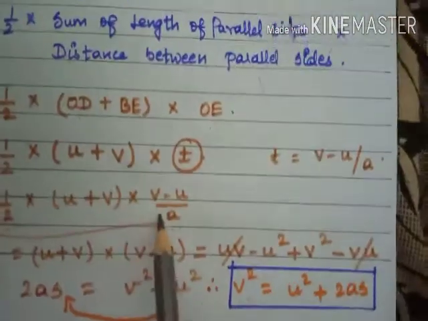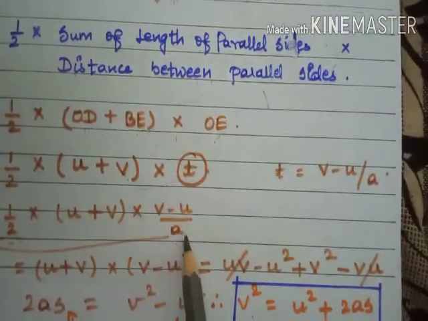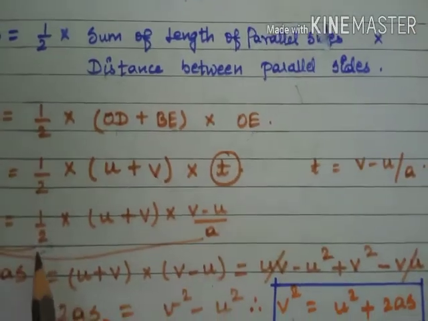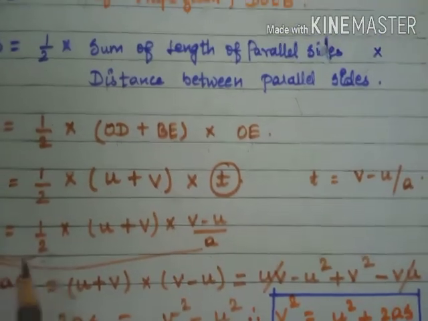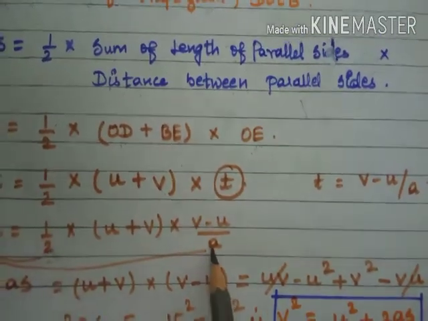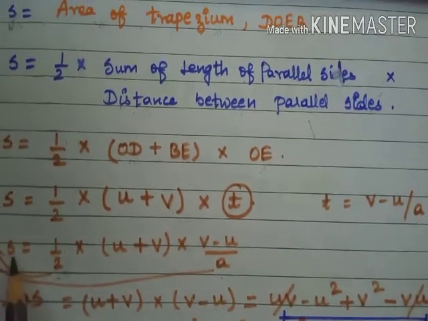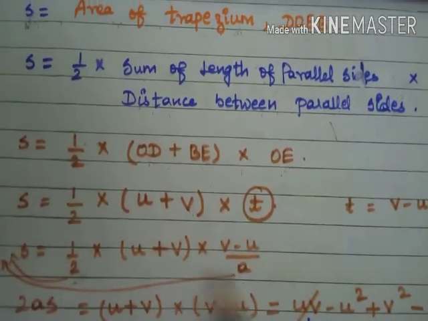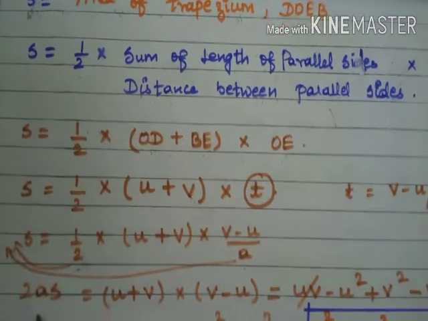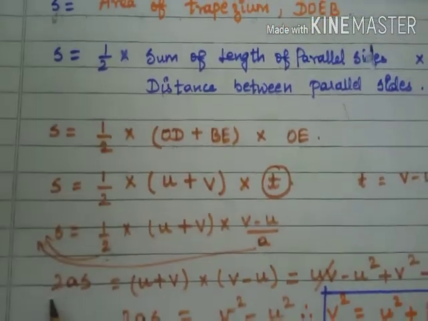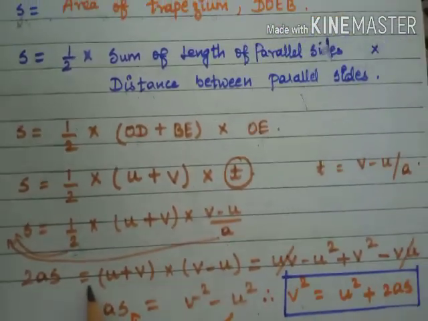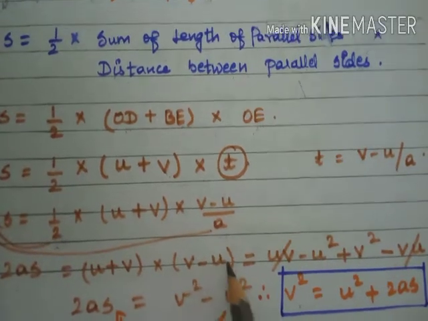Now we substitute the T value, V minus U by A. Now we take the 2 and A to the other side, since on the left hand side we have only S. That is represented as 2AS is equal to U plus V into V minus U.